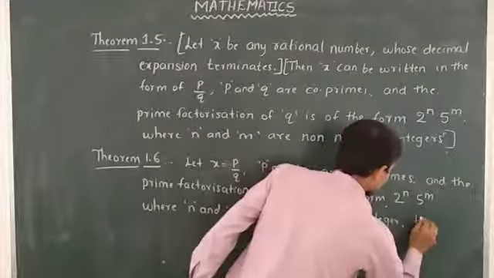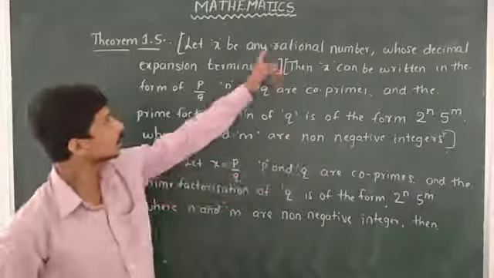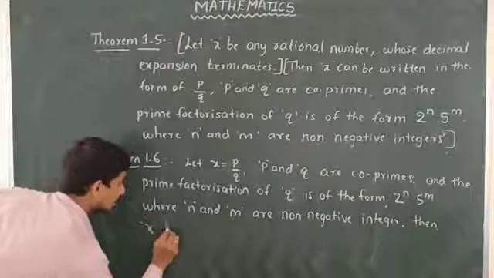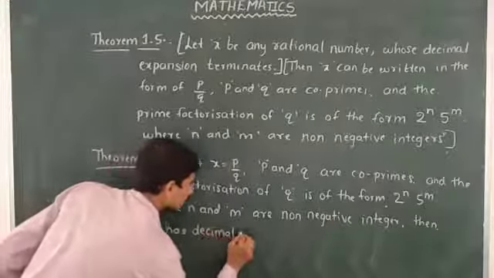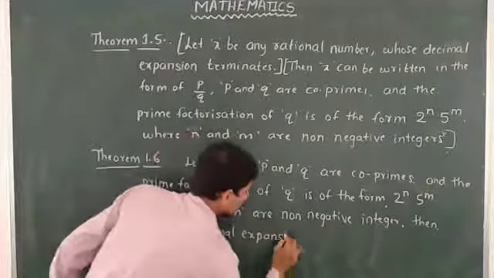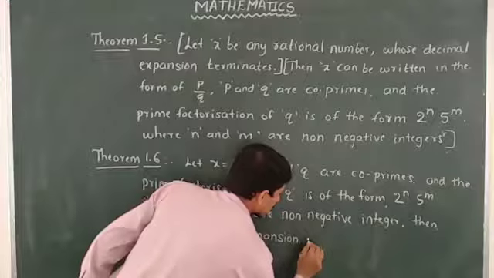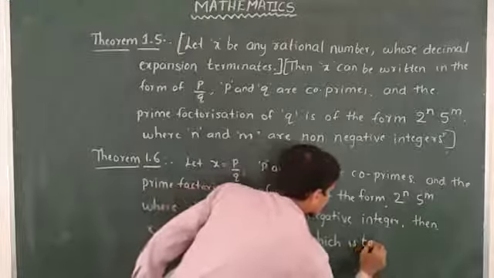Then, let us come to the completion of this part, and let us go to the next part. Then x has a decimal expansion which terminates.